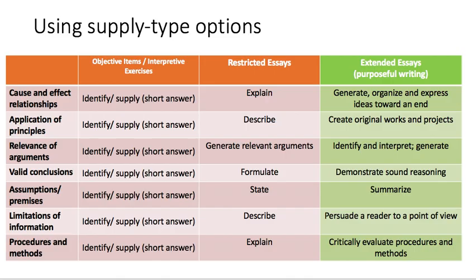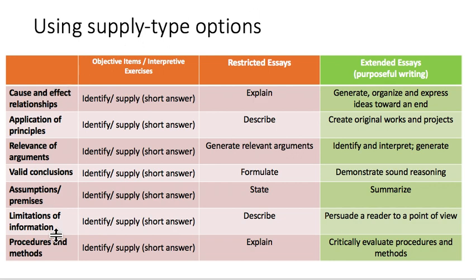Now, when we think about different supply type options, we have our objective items, interpretive exercises, and short answer, where I basically want them to list or describe or explain or identify something very short. And again, the response is in a word or a phrase at the most. We have our restricted essays, right, where I want them to do things like explain some things, describe some things, formulate, generate, state, and so on.